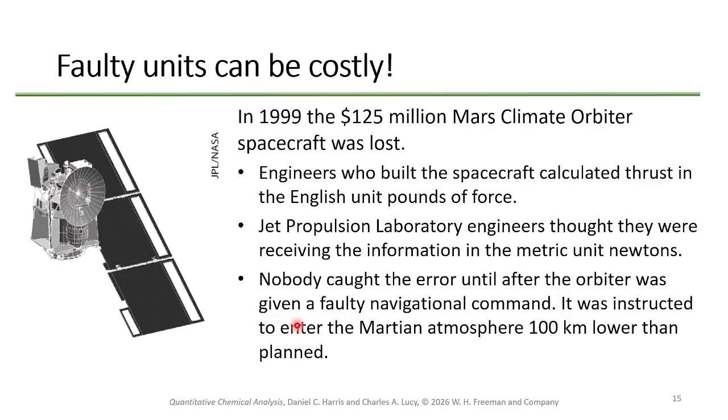Faulty units can be costly. I don't know if any of you have heard this one before. This is kind of an interesting one. In 1999, a $125 million Mars Climate Orbiter spacecraft was actually lost by NASA. They messed up. Keep in mind, this is $125 million just for the craft, and NASA is not efficient, so we're probably talking twice that in 1999 money.